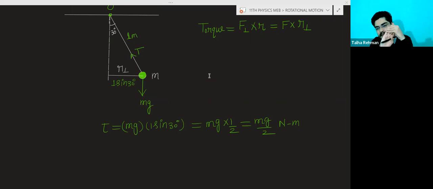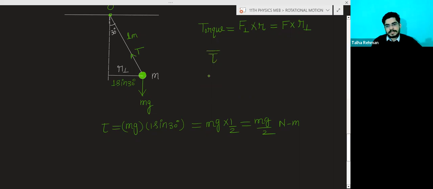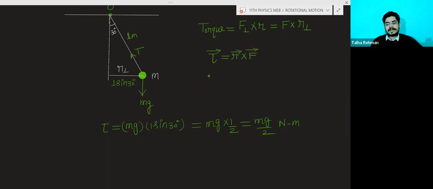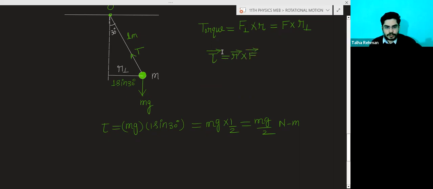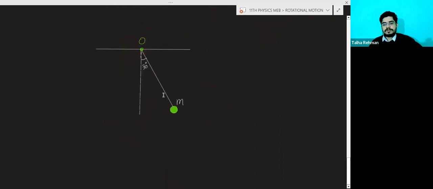These are all axial vectors, and we use them when there is a rotation-like situation. So basically, torque is the cross product of R cross F. In vector form, the torque is represented by tau, that is R cross F. In the earlier classes I have already discussed this. By the way, we want to solve this question.